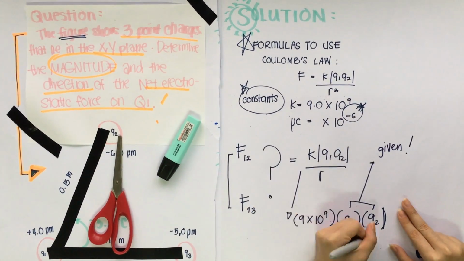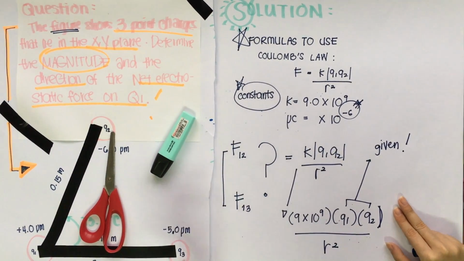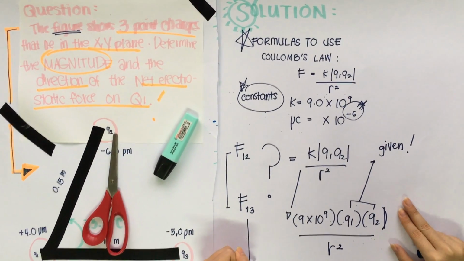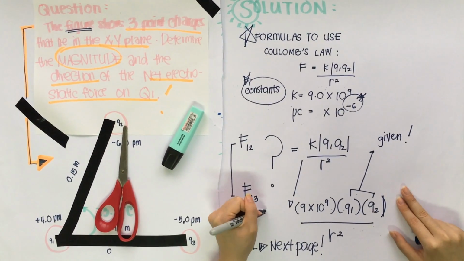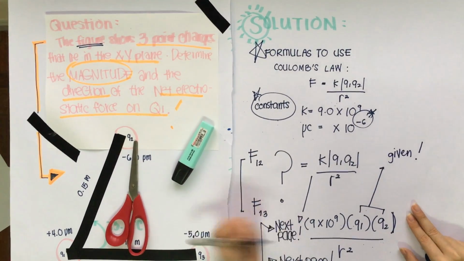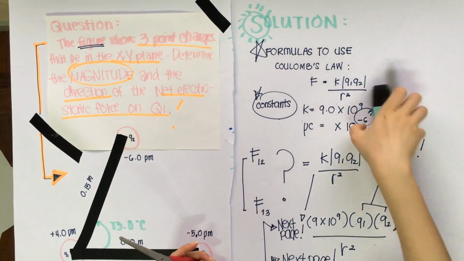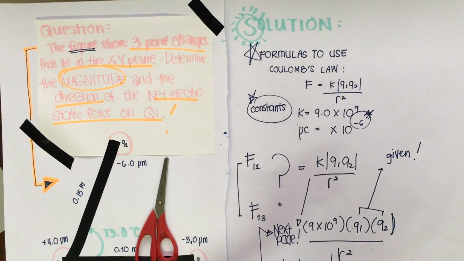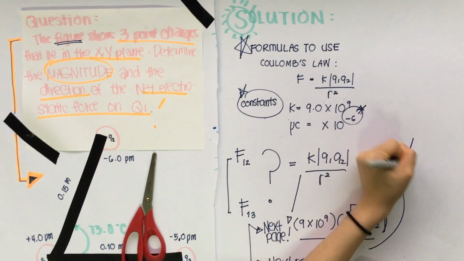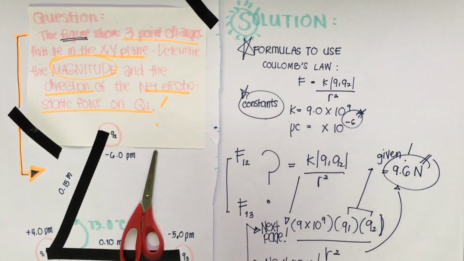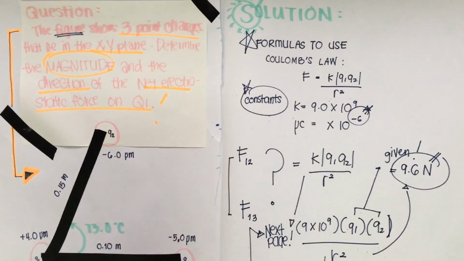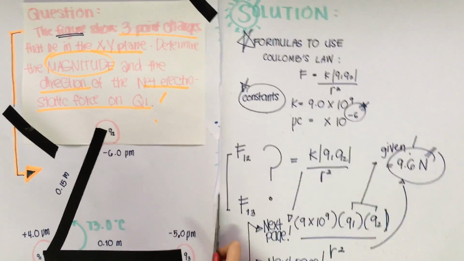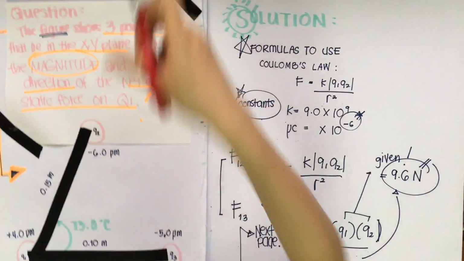So we have K, we have Q1, Q2, and we have R, which is 0.15 meters for this given. We can just input this in the calculator and boom, we have 9.6 N for the answer for F12. For the F13, whoops, we have no space, so next page.